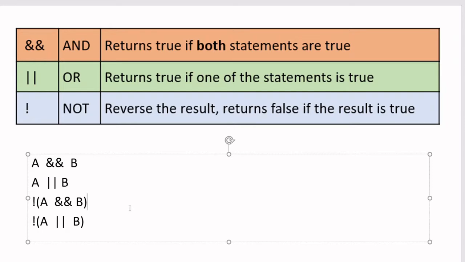So, for example, this expression here, we have not (A and B).